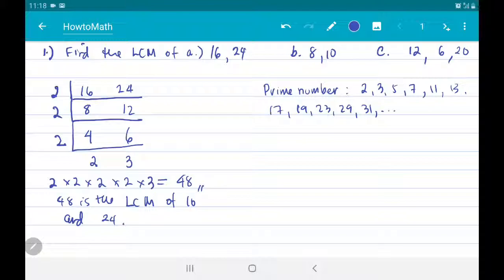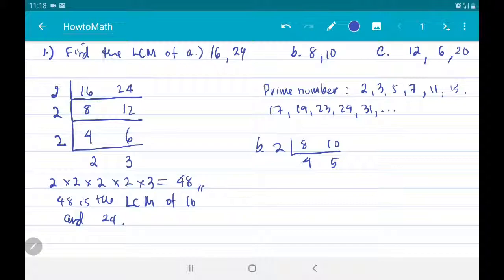Okay, what about 8 and 10? Letter B. So just write 8 and 10, and then divide by 2. So 8 divided by 2 is 4, and 10 divided by 2 is 5. Now notice that there is no common divisor except 1.